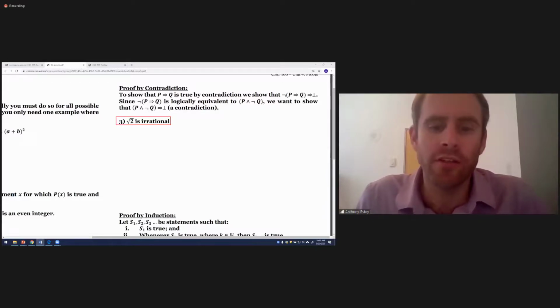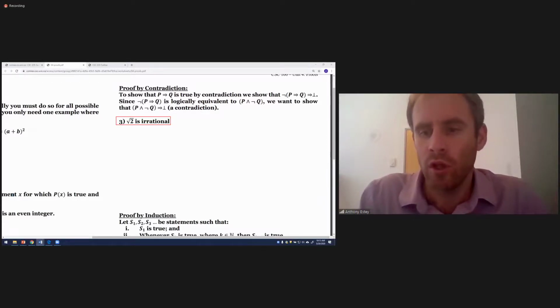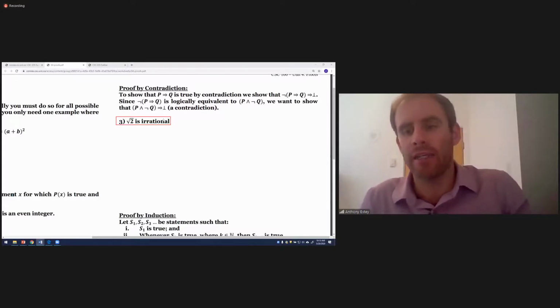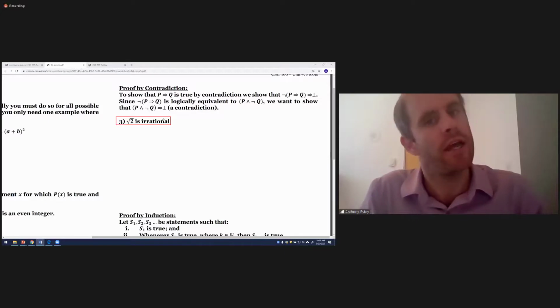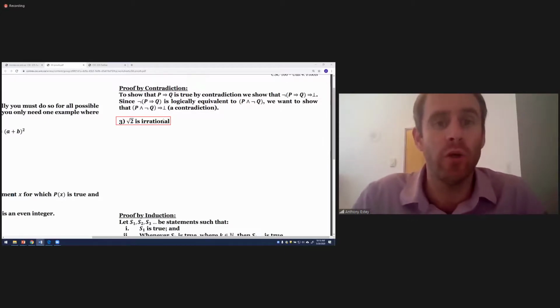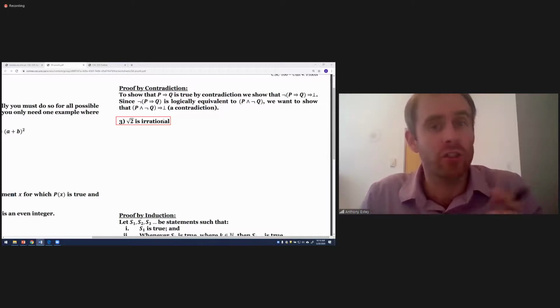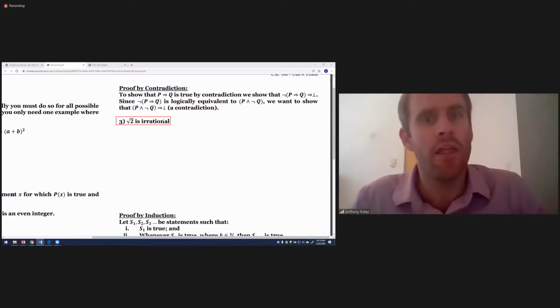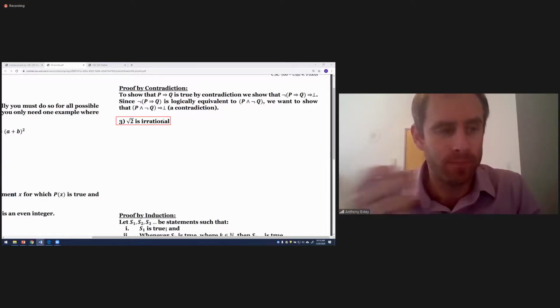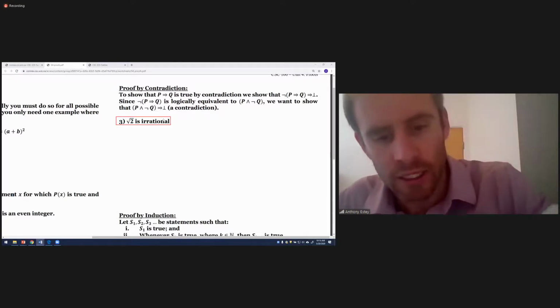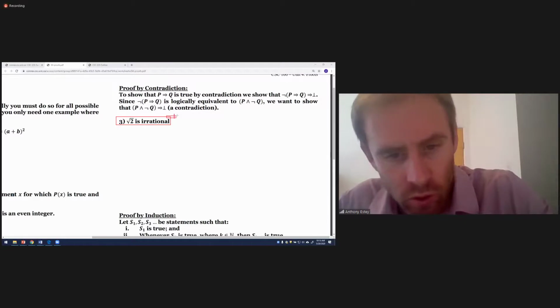So what we're going to do is show that if we've got this thing, P implies Q, so if we're saying root 2 is irrational, the negation of this involves a contradiction. We want to essentially show that if root 2 is not irrational, so if root 2 is rational, we're going to find a contradiction.